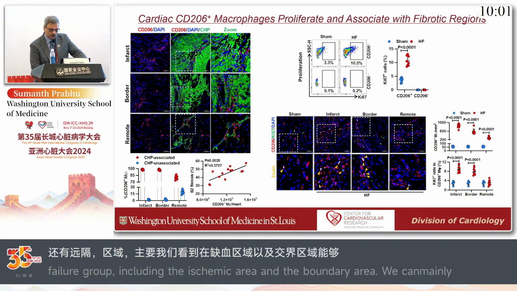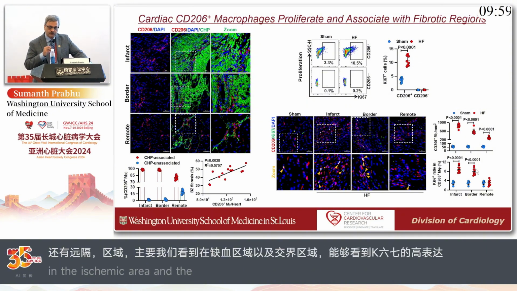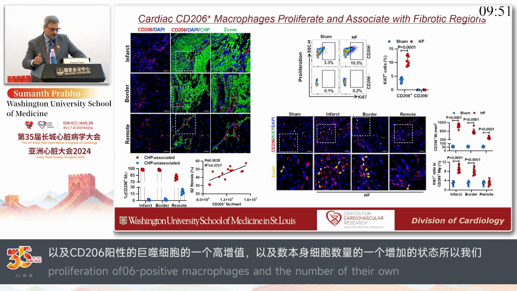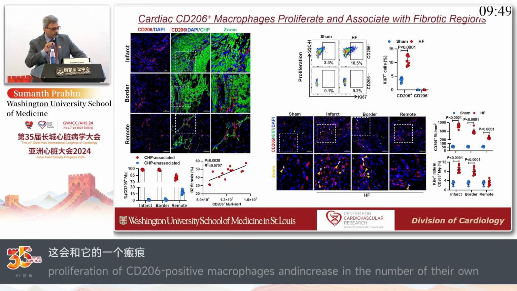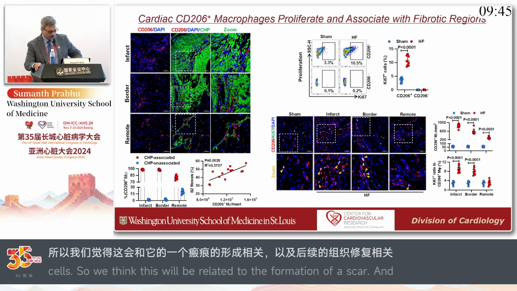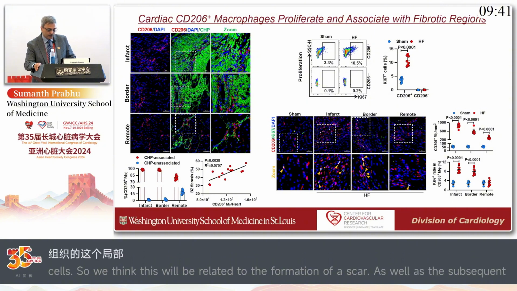There's CD206 expansion everywhere, but the proliferation is occurring in the infarct border zones. And this suggests to us that this contributes to scar expansion. This can suggest to us that there is a hypoxic component in the infarct scar. These cells become more proliferative and contribute to active remodeling.